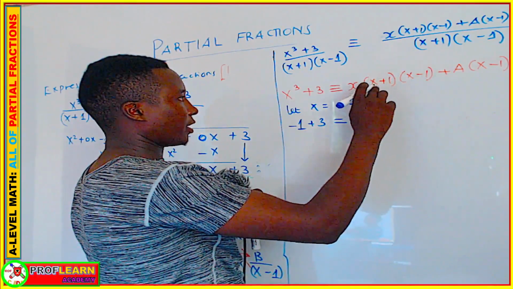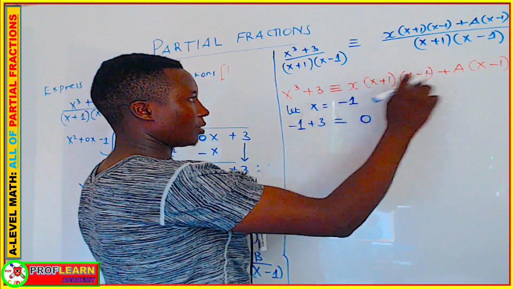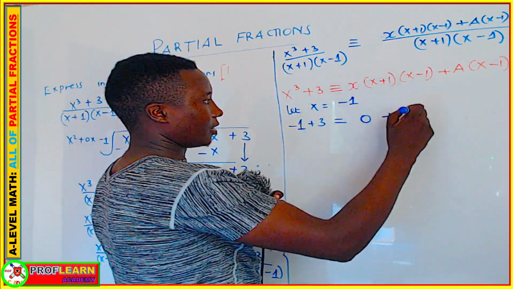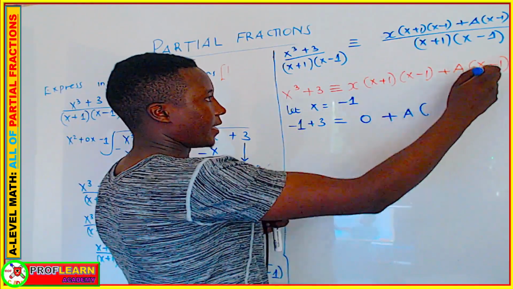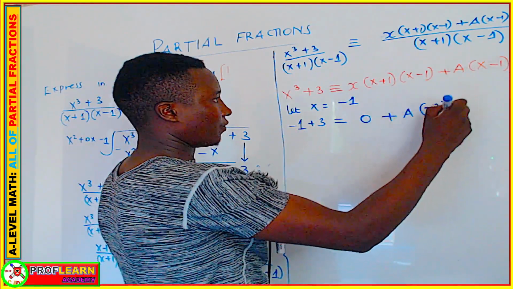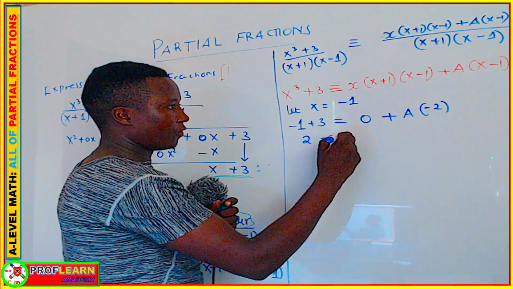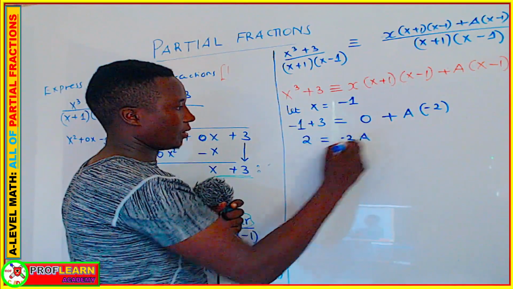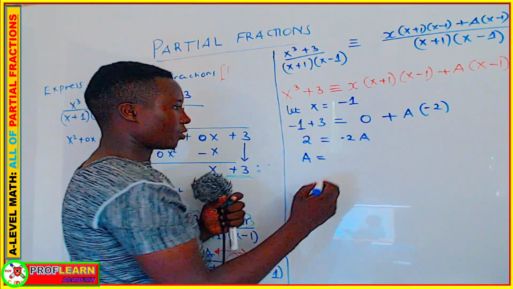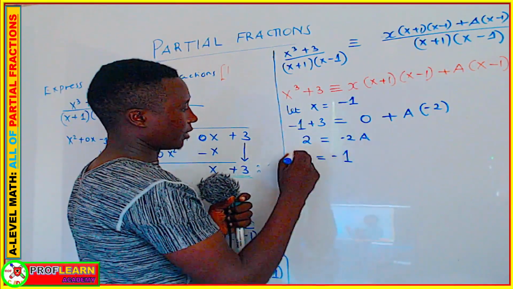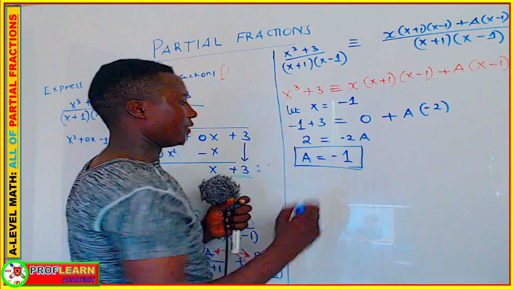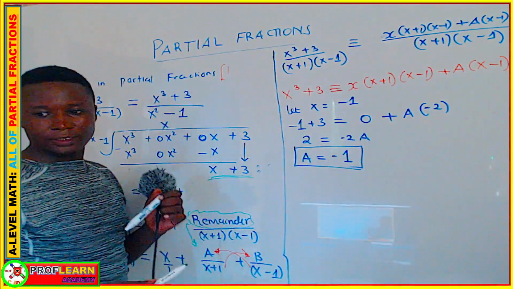If you substitute -1 here, you're multiplying it to be 0, plus a into (x minus 1), that's going to be -2, and therefore 2 is equivalent to, and our a is going to be -1.